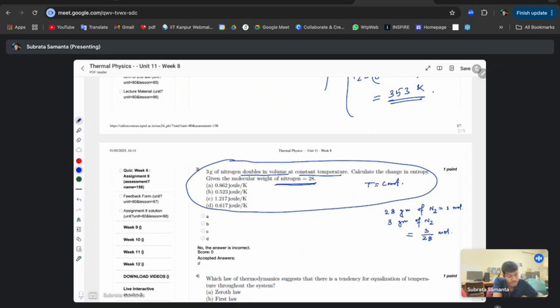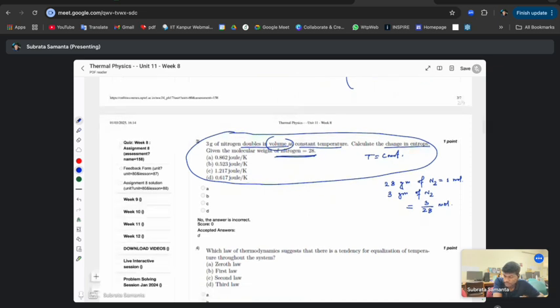Okay, and in this case you have to calculate the change in entropy, but the volume is double and the temperature is constant. Okay. So now how to calculate?